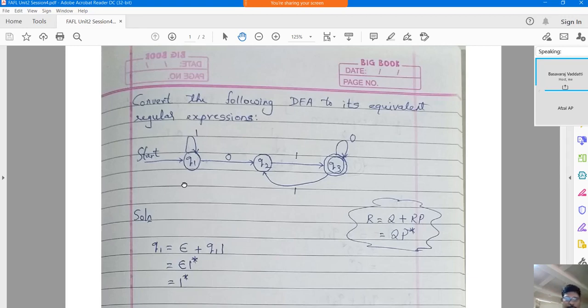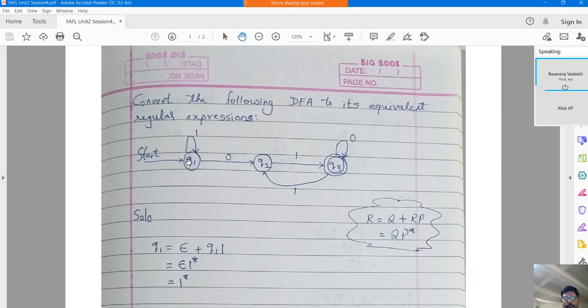Let us see at this point how to convert this one. For converting this DFA to the regular expression, the method we are following here is we will write an equation for each and every state of the DFA. Equation means the regular expression that particular state accepts or represents.